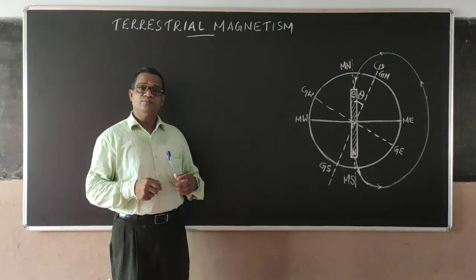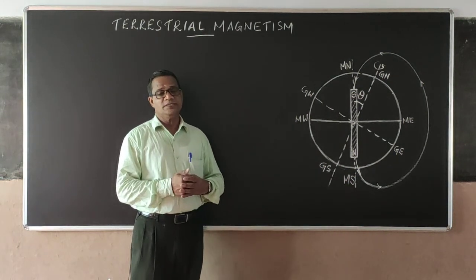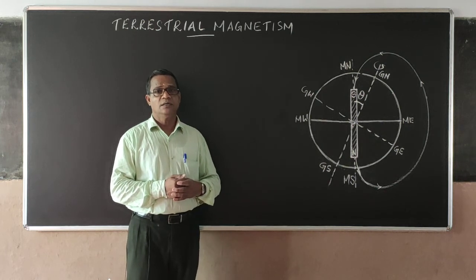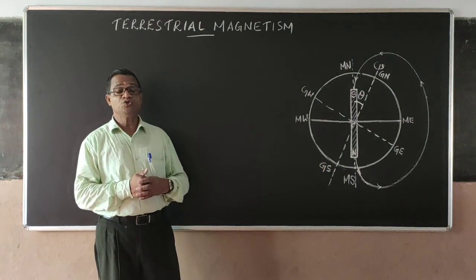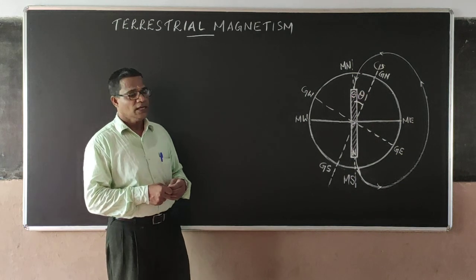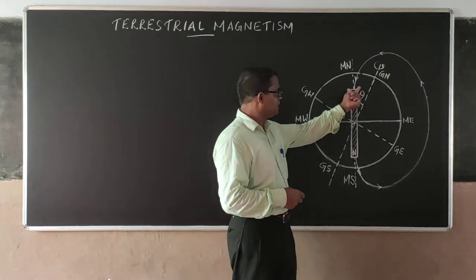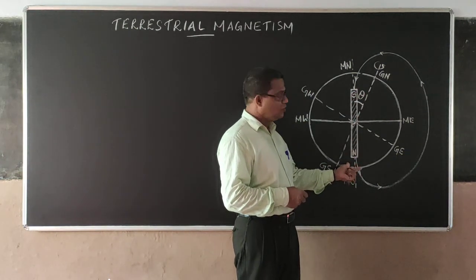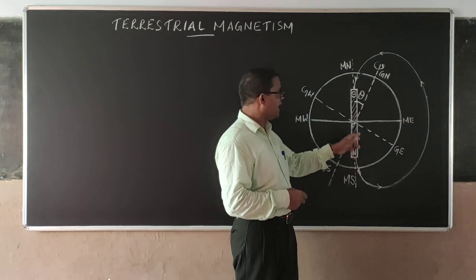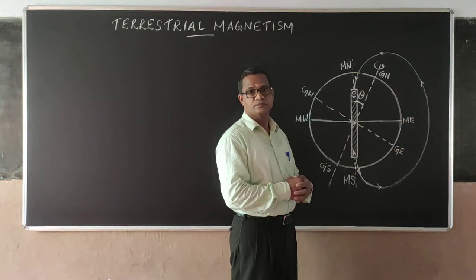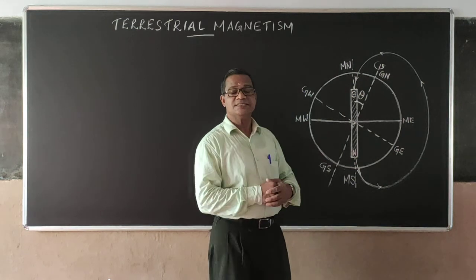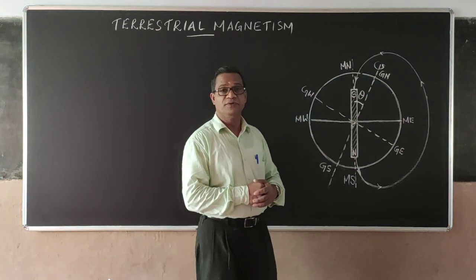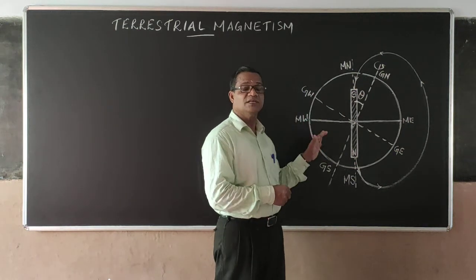We can assume from the measured quantities that Earth has a huge bar magnet aligned along this particular direction, with its north pole here and south pole here. And this magnet is responsible for the magnetic field on the surface of the Earth.